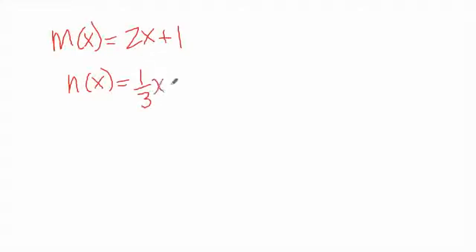Let's say the m function is equal to 2x plus 1, and let's say the n function, n as in Nancy, is equal to 1/3 x minus 4. Would you please calculate m of n of 0?